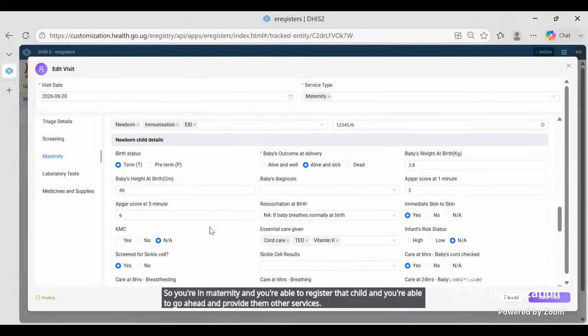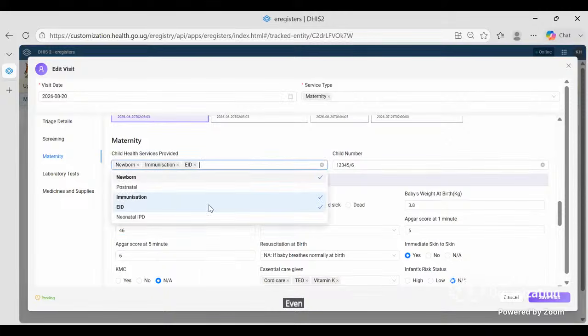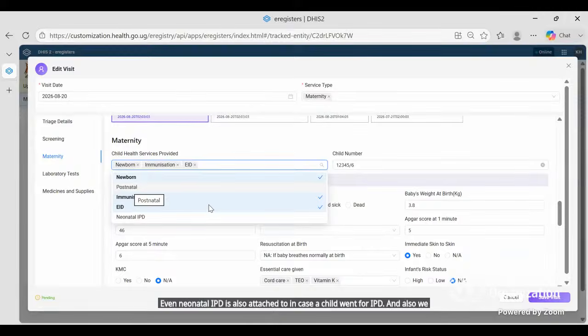So you'll notice that even neonatal IPD is also attached in case the child went for IPD. And also we give some services to the child at postnatal.